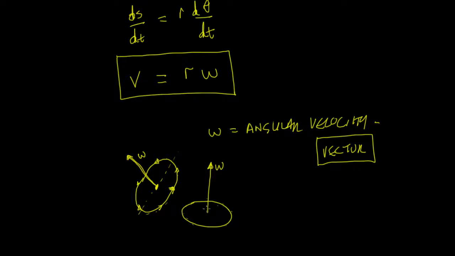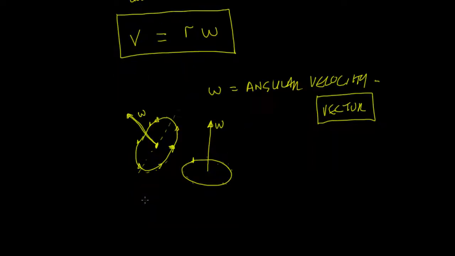So in order to get all the information we need about this angular velocity, we need to know the rate at which it goes round, and we also need to know the orientation in order to give us all the points on the circle, because that point there is different from that point there because there's a different orientation.